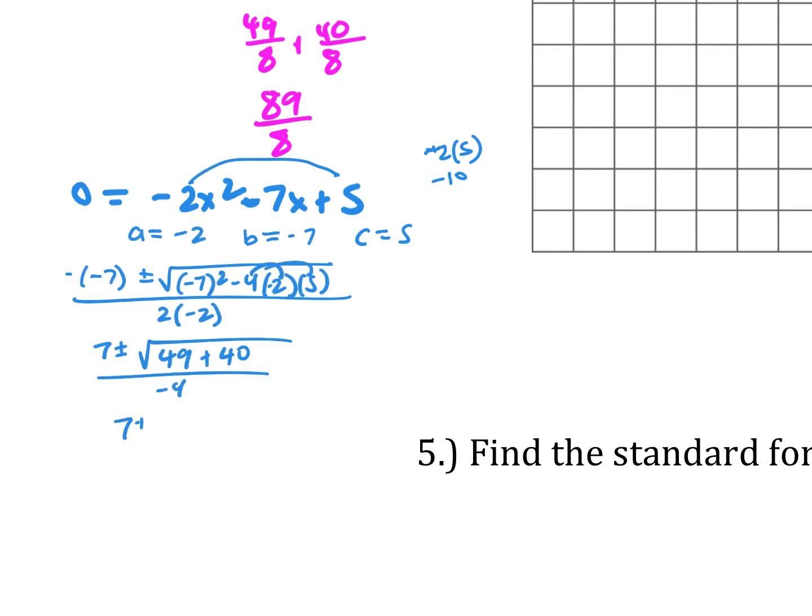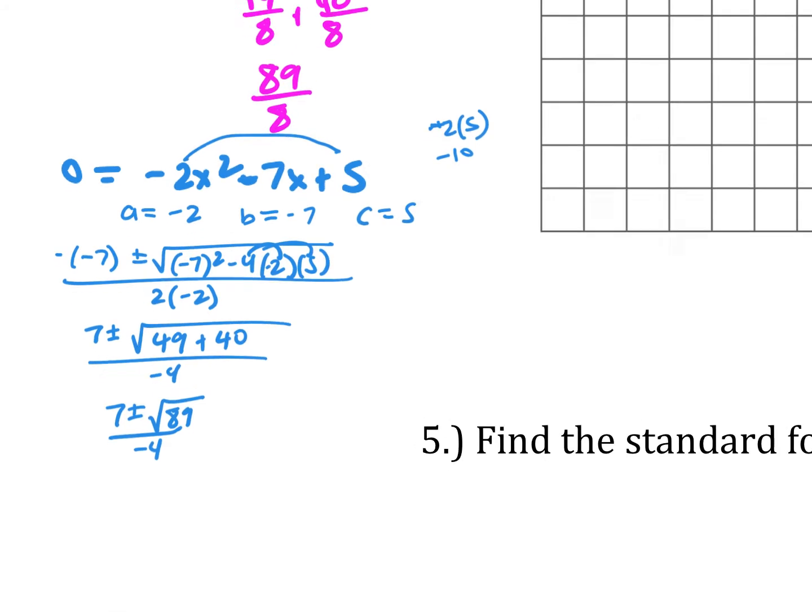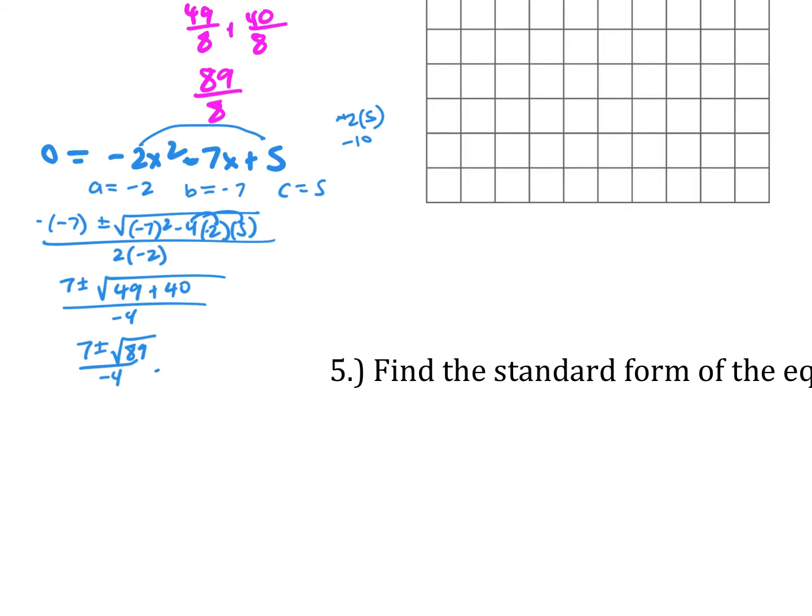So 7 plus and minus the square root of 89 over negative 4. Those would be your x-intercepts, and we're going to approximate so that we can plot those. So root 89 is bigger than 81, but less than 100, so this is like a 9.5. 7 minus 9.5 over negative 4, and 7 plus 9.5 over negative 4.